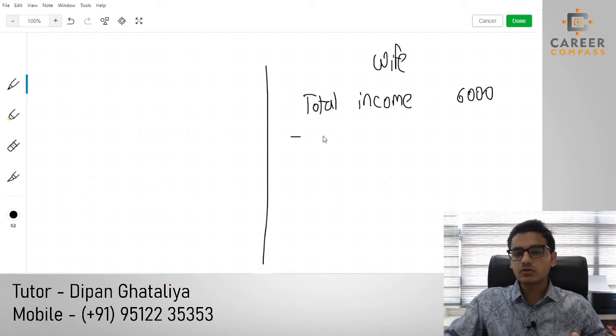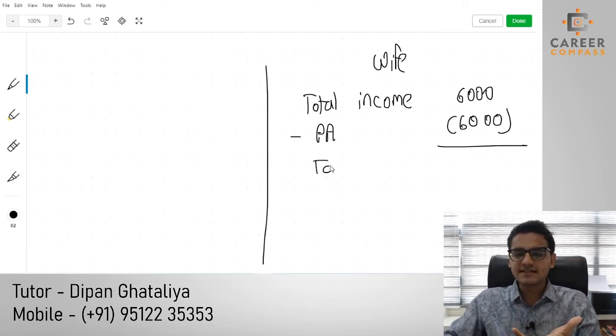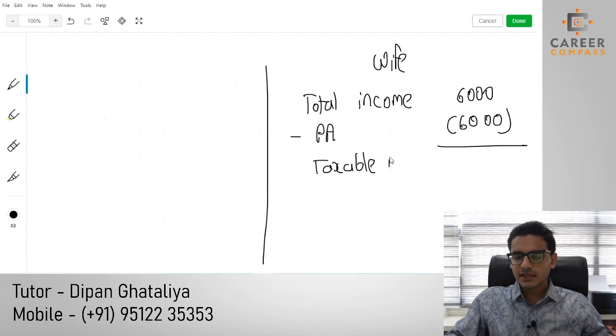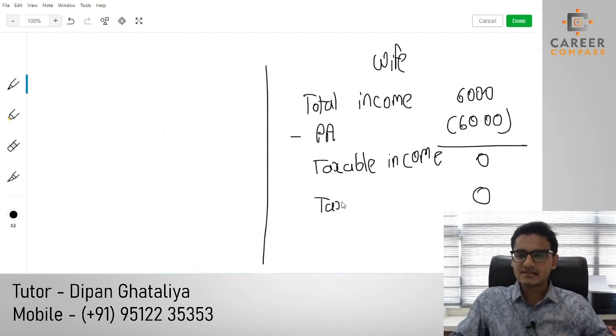Then we are going to deduct the personal allowance of the wife, and maximum personal allowance is 6,000 because the wife has a very limited income. So wife's taxable income will be 0, and we can say wife's income tax liability will also be 0.